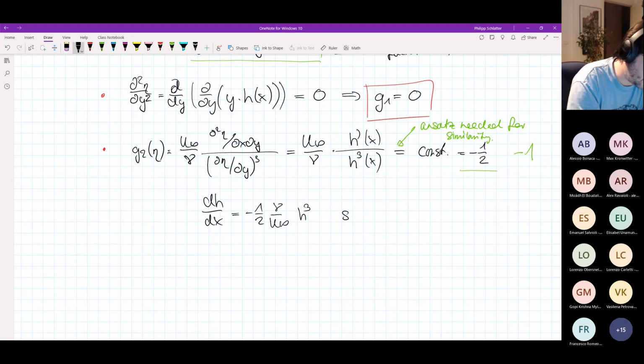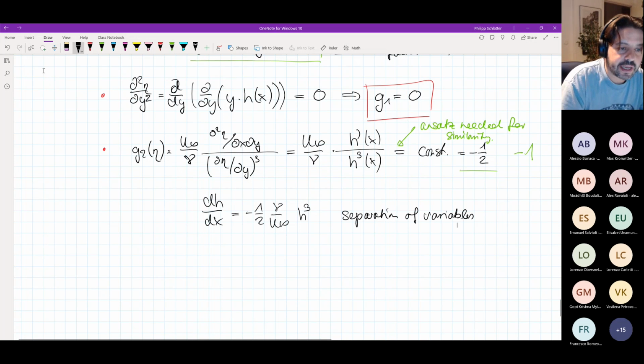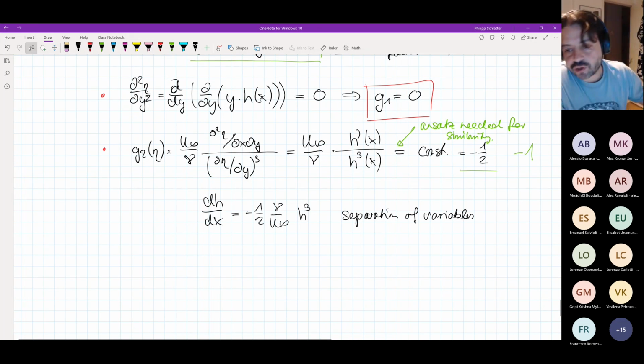And I can solve that with the typical separation of variables approach, which means I put everything that depends on h on one side, everything that depends on x on the other side, and I integrate. So I multiply this by dx and divide by h to the 3.